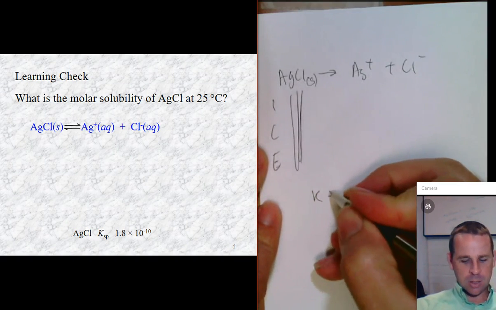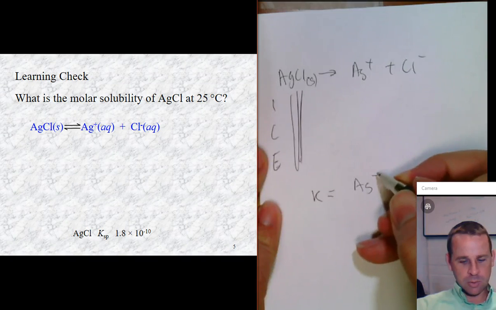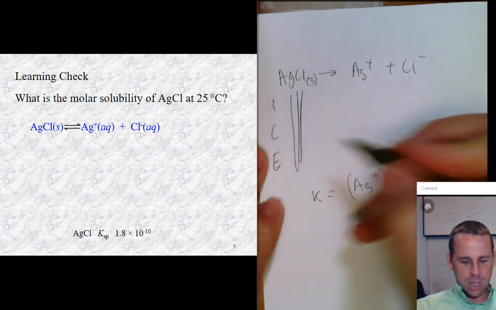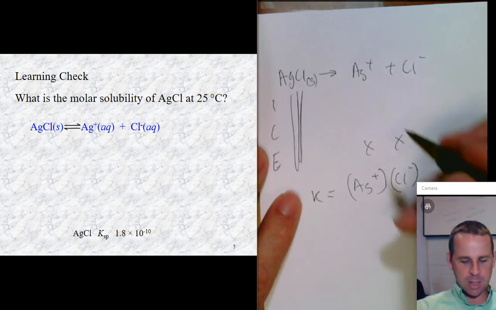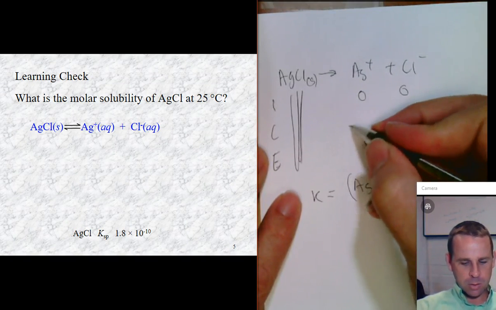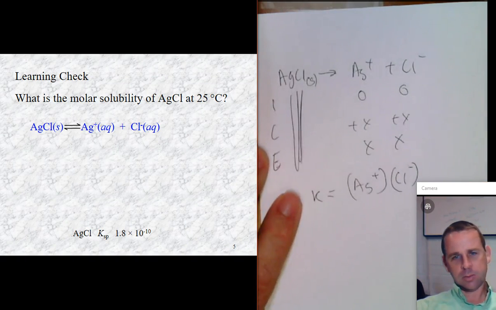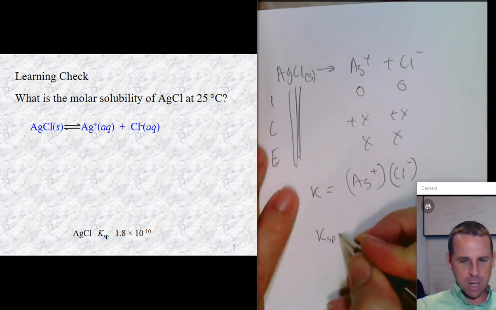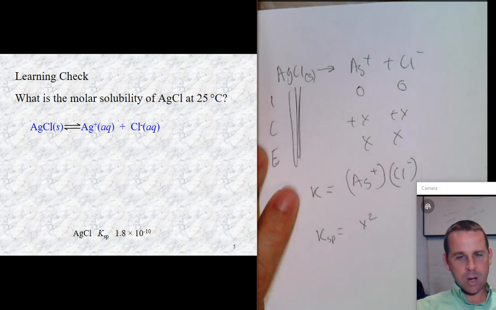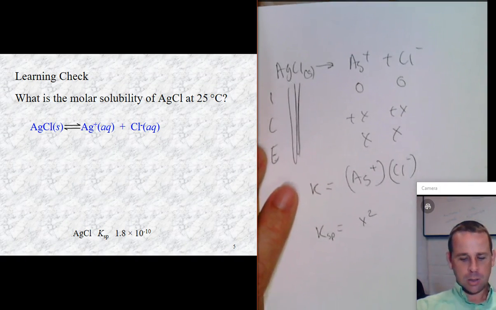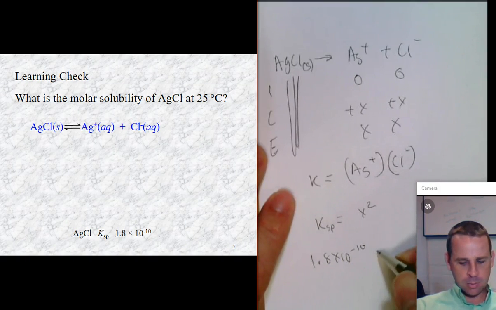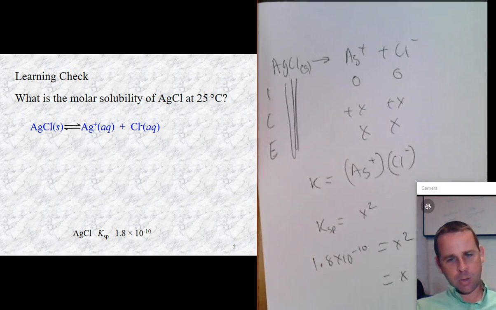The expression, again, is going to be whatever the silver ion concentration is times whatever the chloride ion concentration is. And if in the equilibrium statement we recognize that these are x's, we start off with 0 plus x, right? Then we can just say that the K for this reaction will equal x squared, right? So then 1.8 times 10 to the minus 10 will equal our x squared, and x will equal the square root of that.